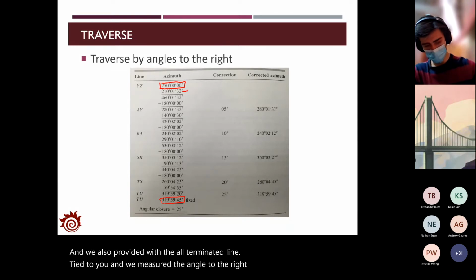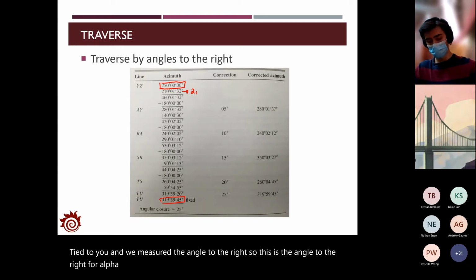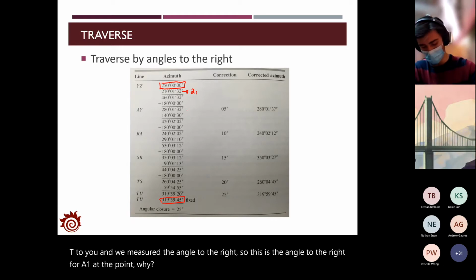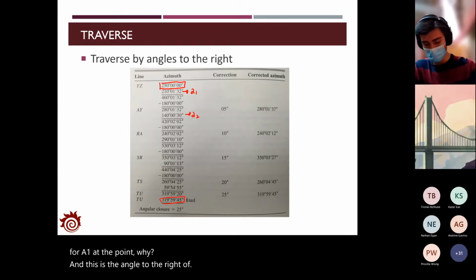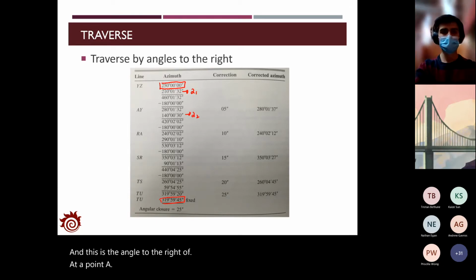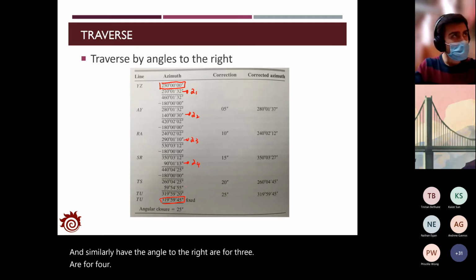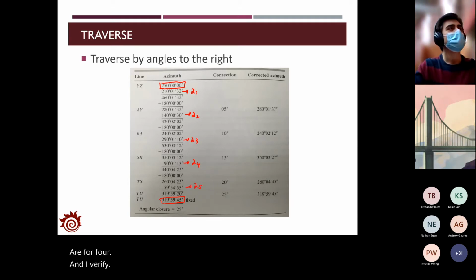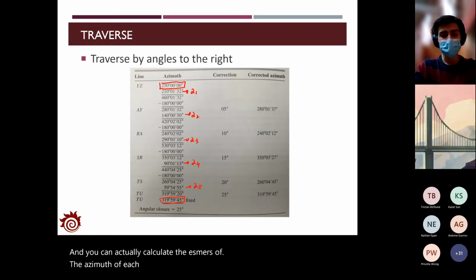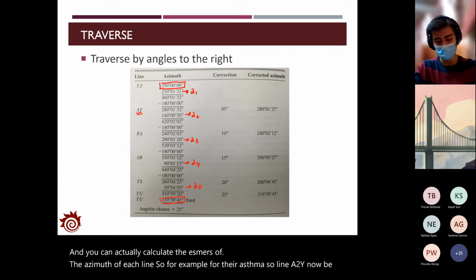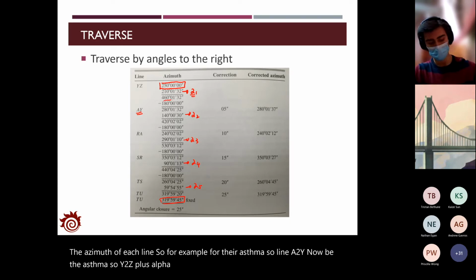So this is the angle to the right alpha 1 at the point Y, and this is the angle to the right at point A, and similarly we have the angle to the right alpha 3, alpha 4, and alpha 5. And you can actually calculate the azimuth of each line. For example, the azimuth of line A to Y will be the azimuth of Y to Z plus alpha 1, and you find that the value is 100.